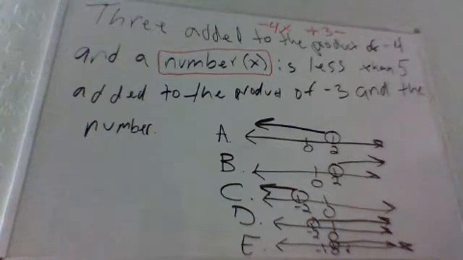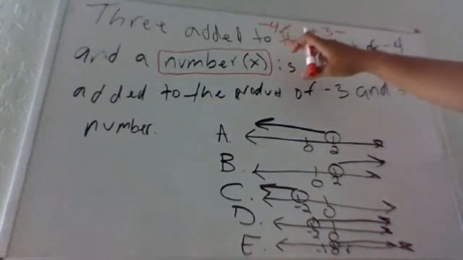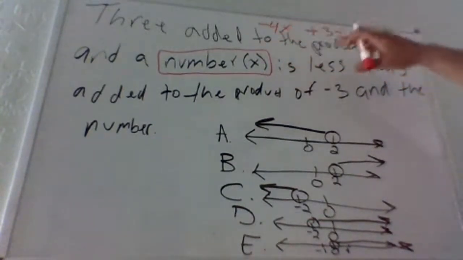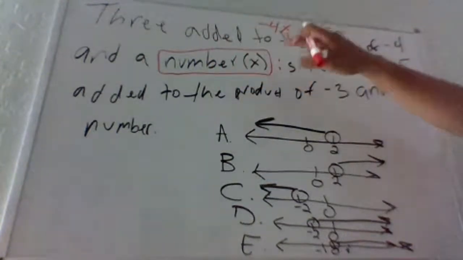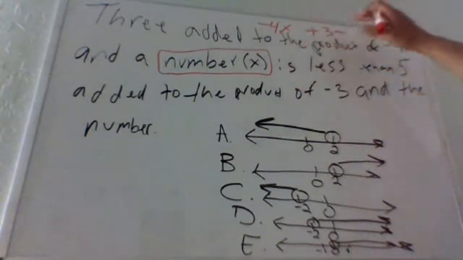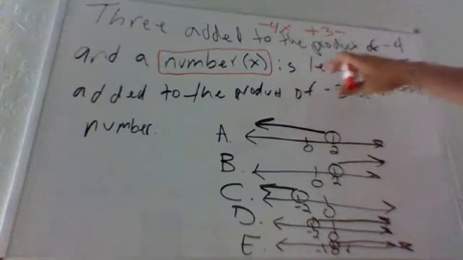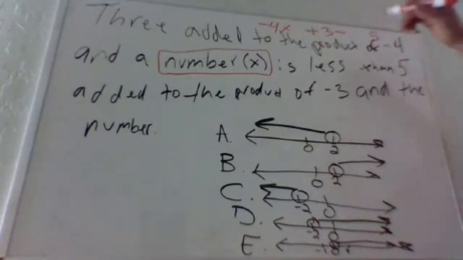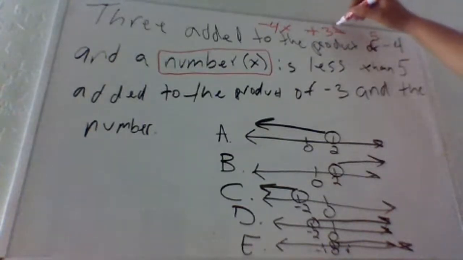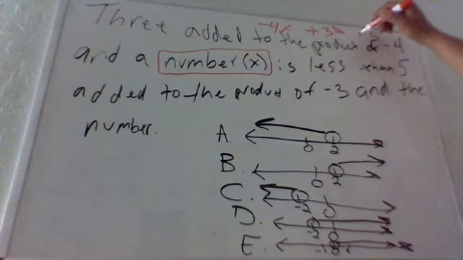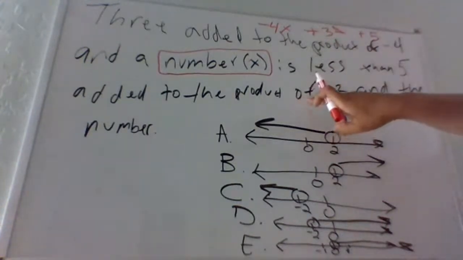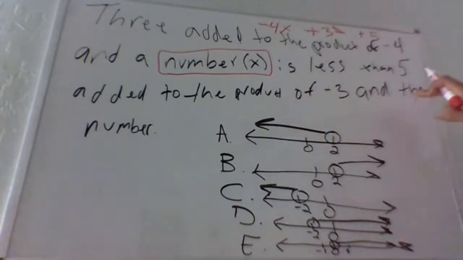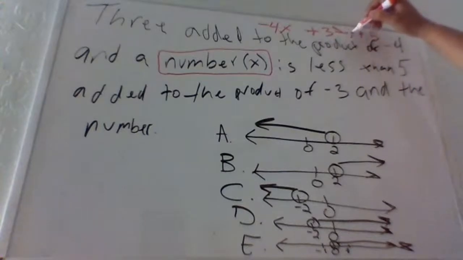Okay. So we know it's going to be 3 added to the product of -4 and a number. So -4 and a number plus 3, that's the first part, is less than 5 added to the product of -3 and a number.